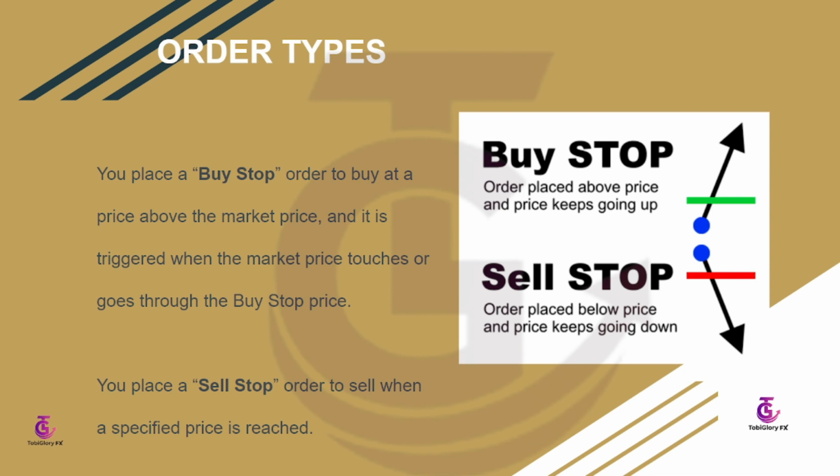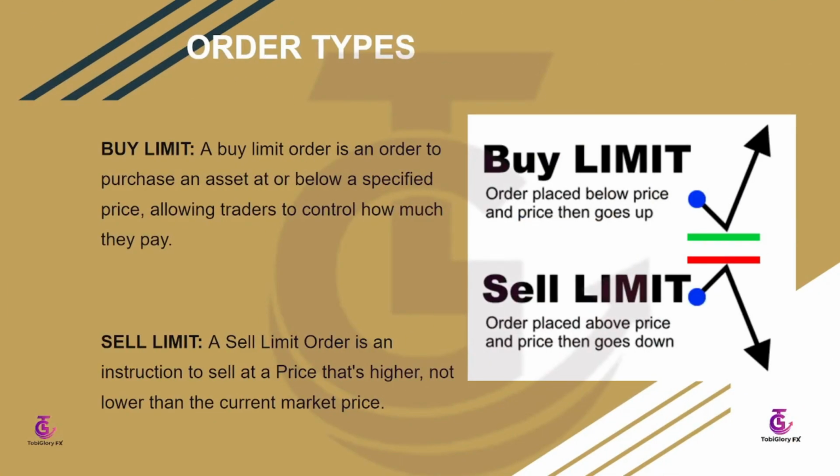A sell stop order is an order to sell when a specific price is reached. A buy limit order is an order to purchase an asset below a specific price, allowing traders to control how much they pay. While a sell limit order is an instruction to sell at a price that is higher, not lower, than the current market price. Now let me explain this further.